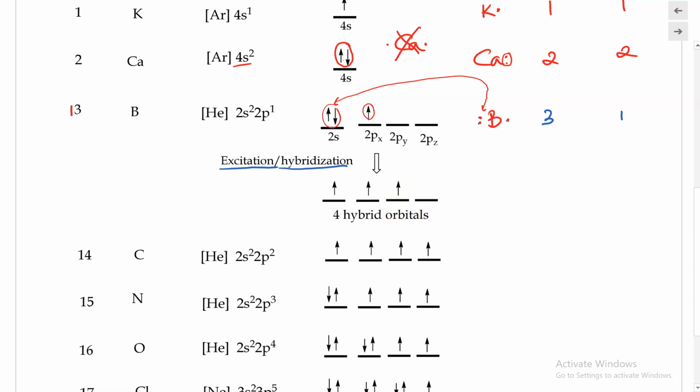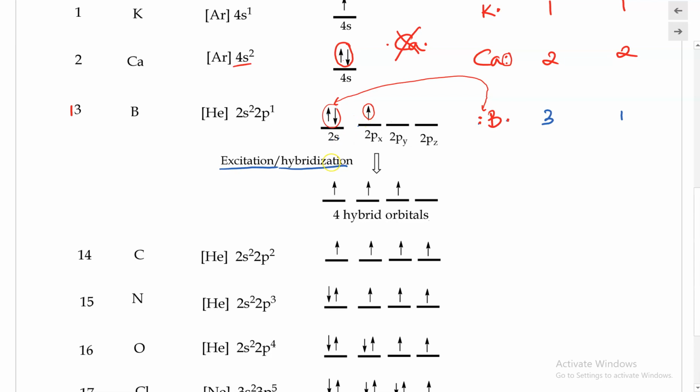And the key thing to remember is the following. Earlier, before this hybridization, there's an energy gap between the 2s and the 2p, in which the 2p is higher in energy compared to the 2s. So this is why we have to fill the electrons in the 2s first before we fill them in the 2p.